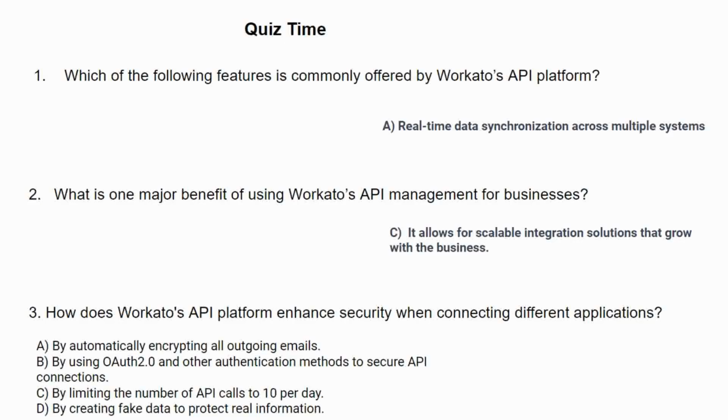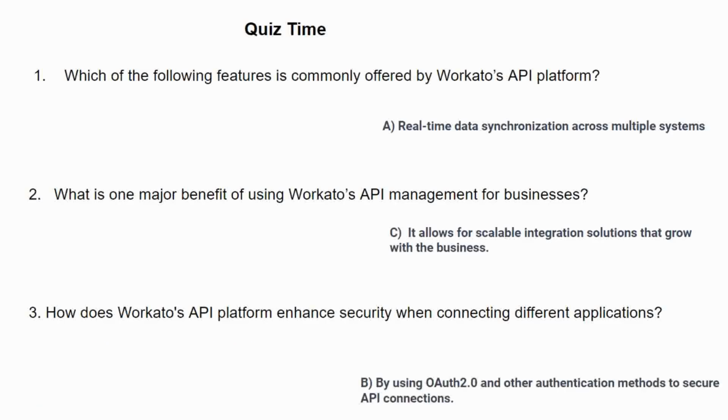I guess it's a very straightforward question to understand the security side of an API and how to use it. I'll give you the answer. Yes, that's correct: by using OAuth 2.0 or other authentication methods to secure API connections. In our case, we used an auth token, if you remember, right? So we just have to select that.